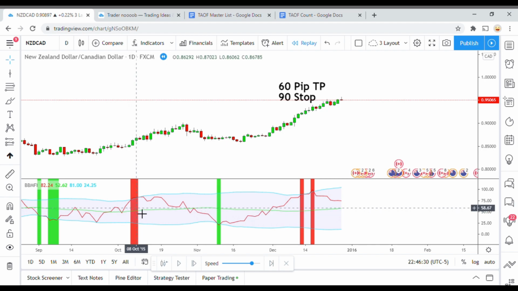And so on these areas where we get an extended period of coloration here, then what we are going to do is we are going to wait and just track with it, and then the first candle that paints without color behind it, that will be the bar that officially triggers the trade.